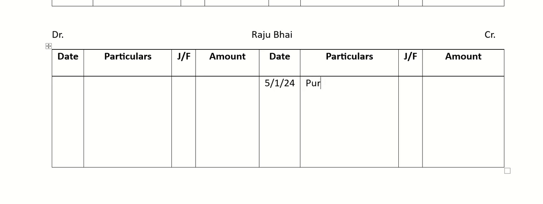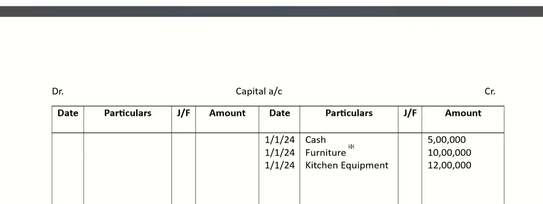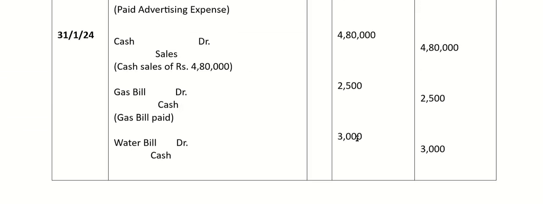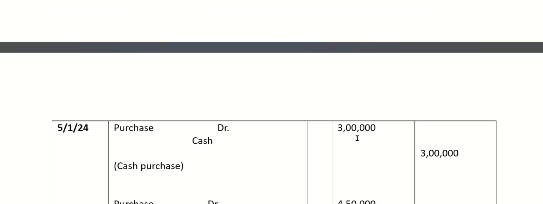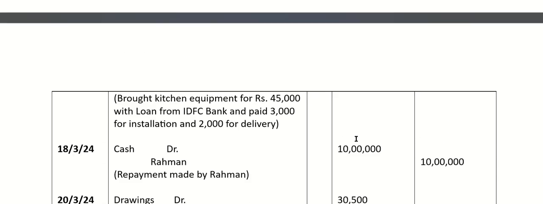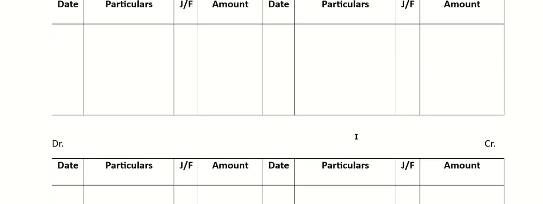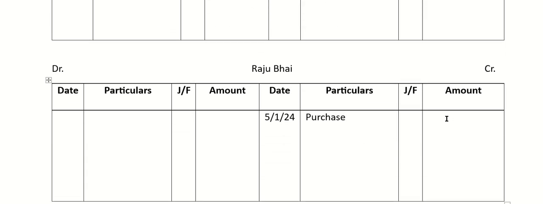Referred to purchase. So we are going to write purchase here. The amount was, sorry, I don't remember. 5/1/2024. The amount was 3 lakh. Okay, now we are going to write 3 lakh here.